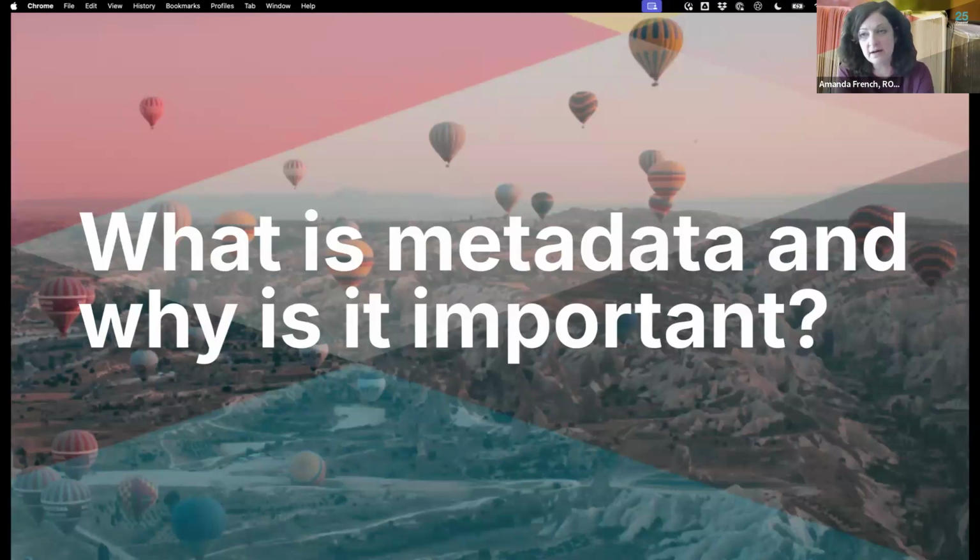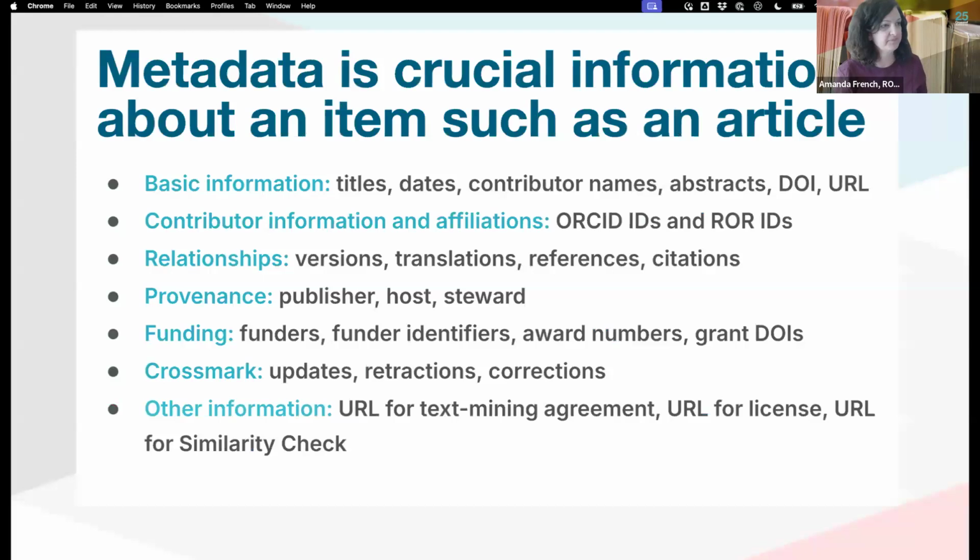But let's talk about now what is metadata and why it's important. One of my favorite topics. So again, as probably most of you know, metadata is crucial information about an item, such as quite typically a journal article. We're all probably really familiar with bibliographic metadata, basic information such as the title of a journal article, the date it was published, contributor or author names, an abstract that summarizes what the article is about, and of course the DOI and/or URL for where the article can be located.